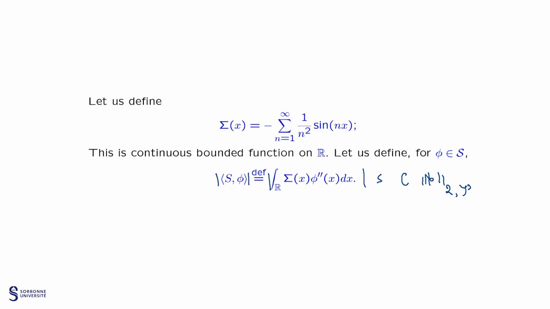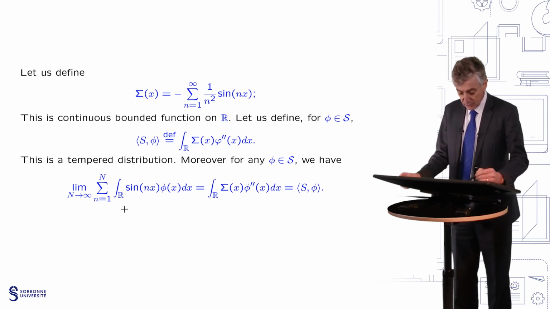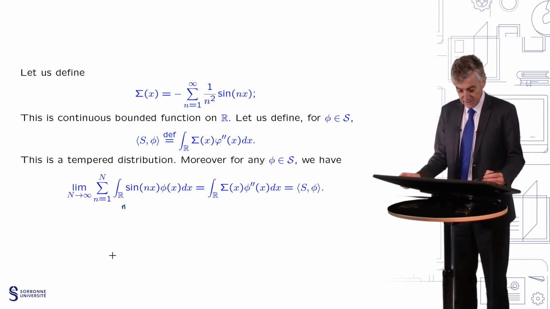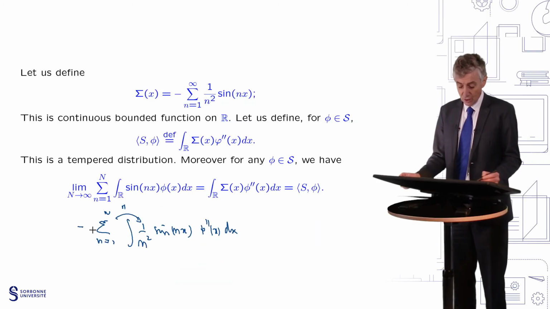So now we are going to see the convergence. Why do we have this? Simply because what we saw already is that this is minus the sum n equal 1 to infinity of the integral of 1 over n squared sin(nx) phi second of x dx. And in this sum, we put the sum inside, and this is normally convergent.